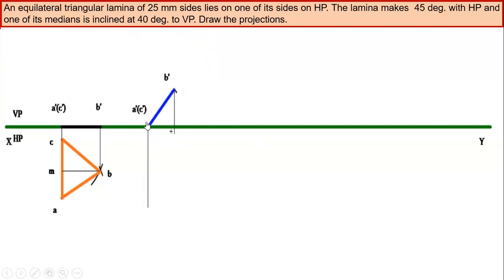Now project both the corner points and project the top view also: A with A dash, B with B dash, C with C dash. Now connect them through visible lines.